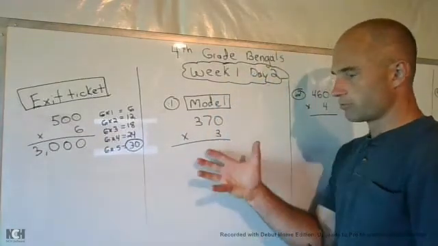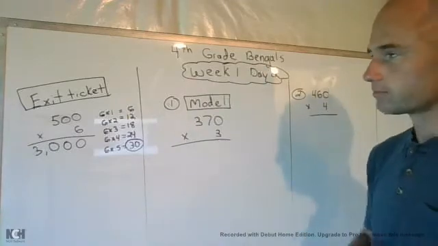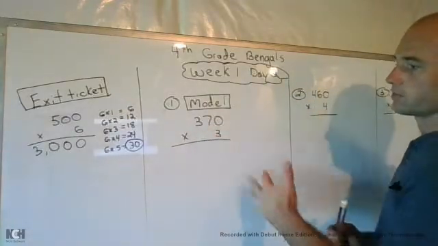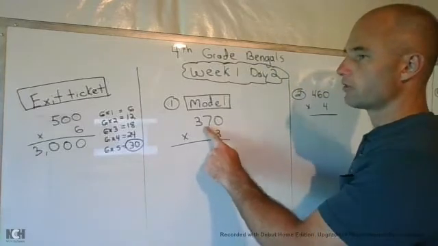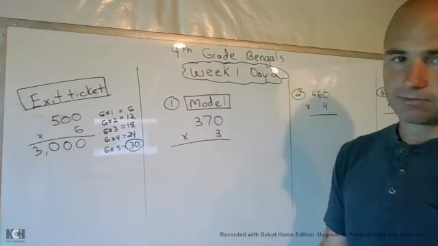Now, the model problem for today. Still doing a 3-digit times 1 digit, but now there's an actual digit other than 0 in the tens place. Okay?